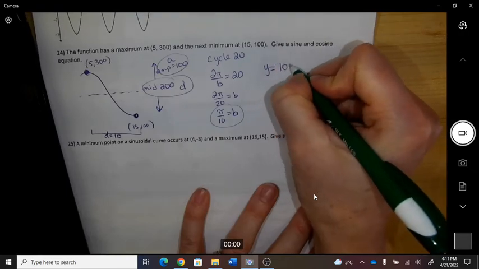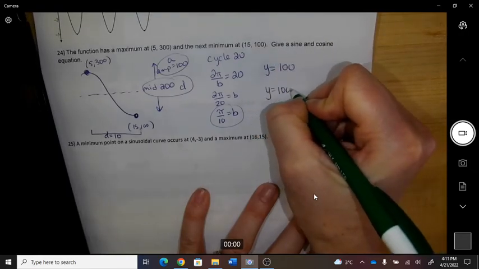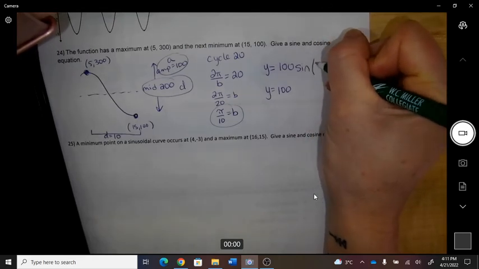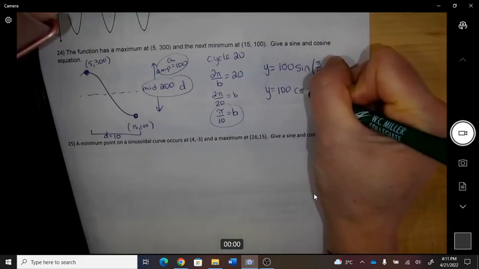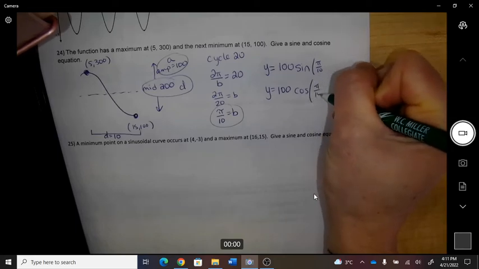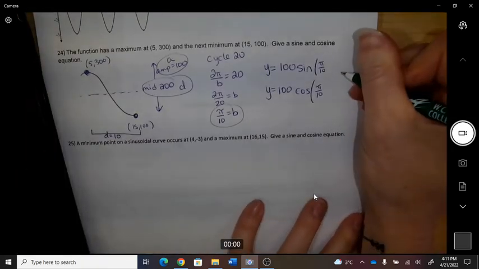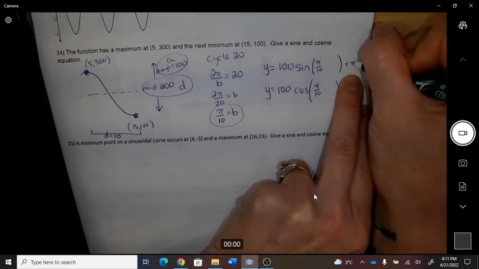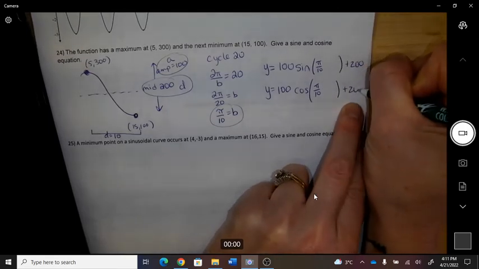So they both would have 100 in the front. They both would have a pi over 10 for b. And they both will have a plus 200 at the end.